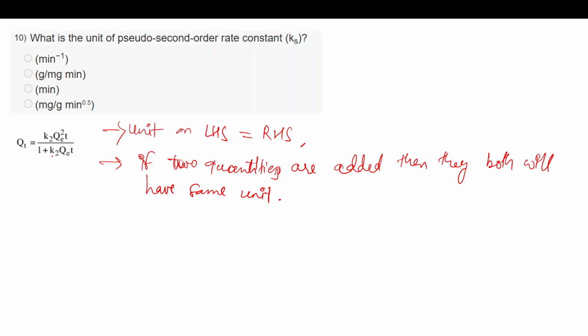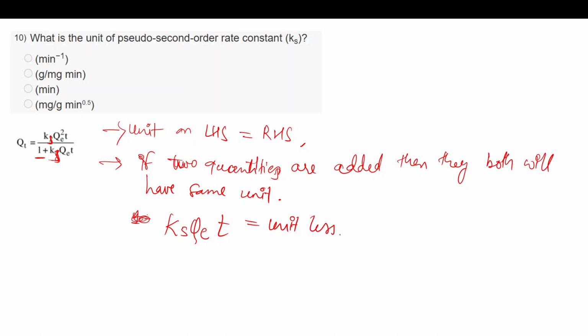K is the rate constant, so this will be Ks. You can use either of the two rules here. The simplest is that since one is unitless because it's just a number, Ks QE into t will be unitless.